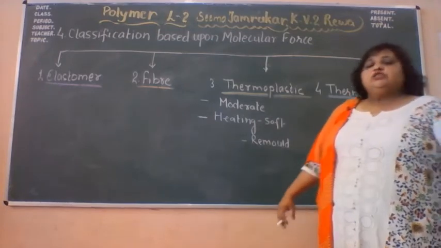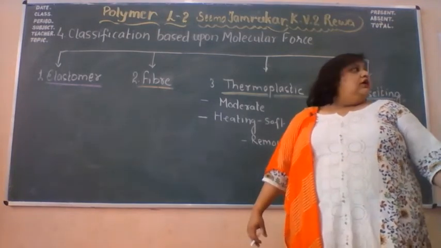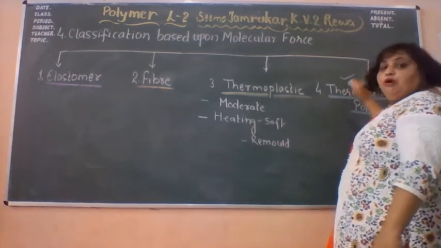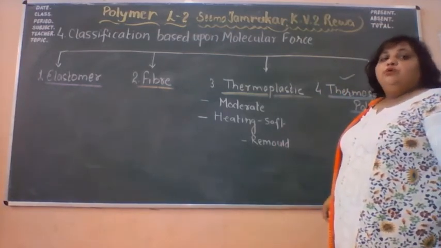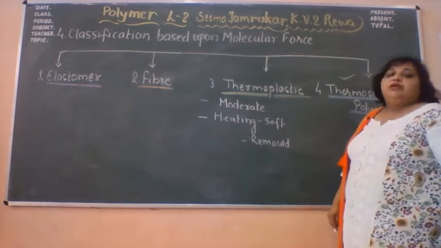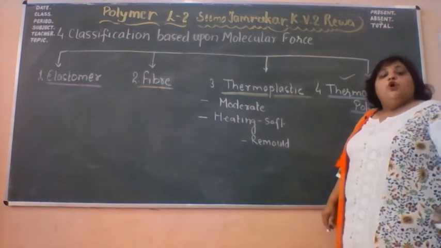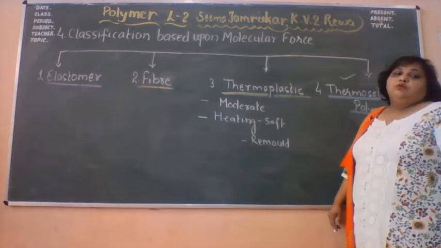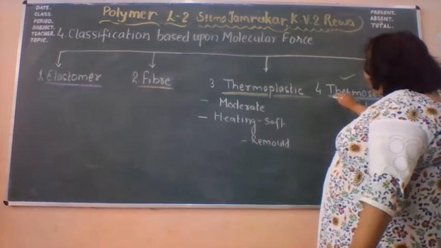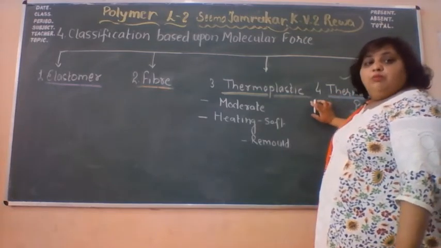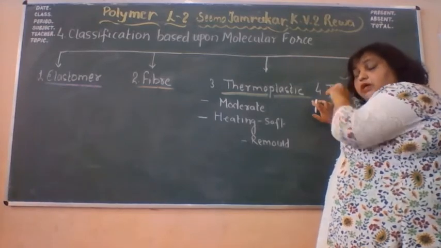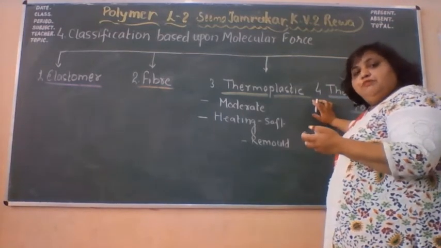I think you have all seen electric switches; they are made up of this category of polymers. Whenever electricity flows through any apparatus or device, it also produces heat, due to the resistance. If the switch is not made of this kind of plastic, it will get melted.